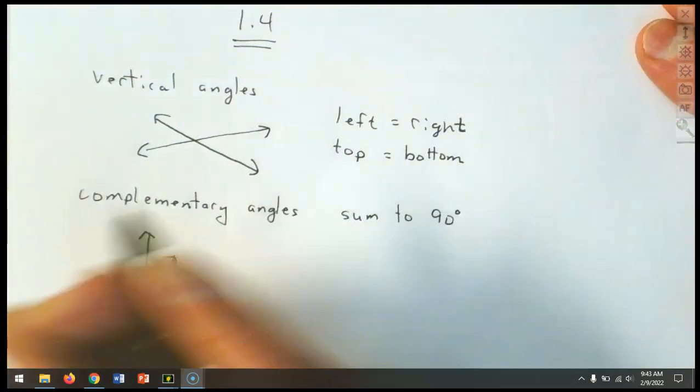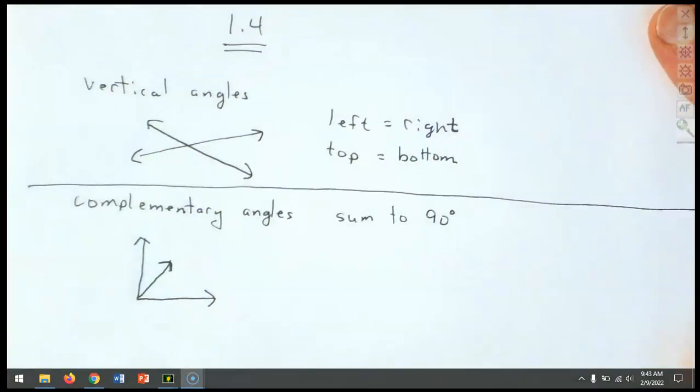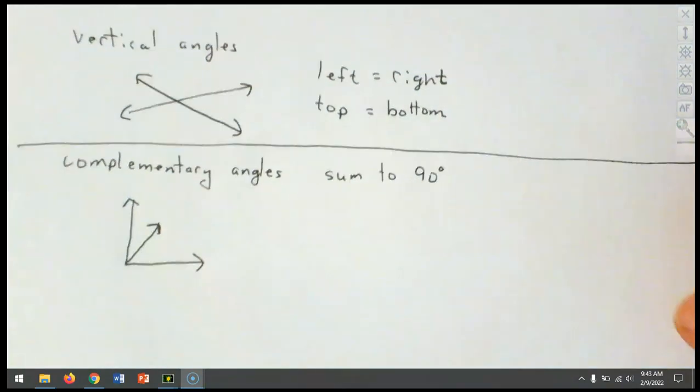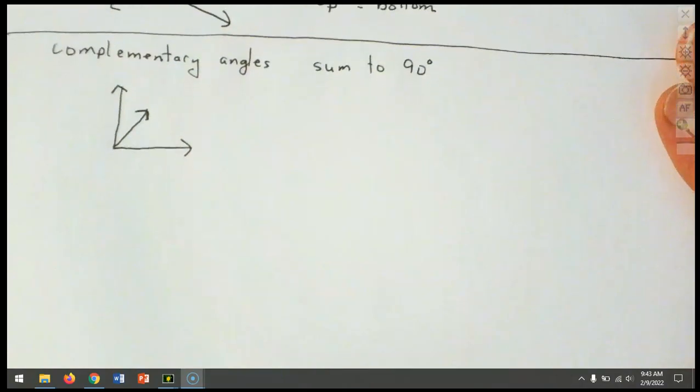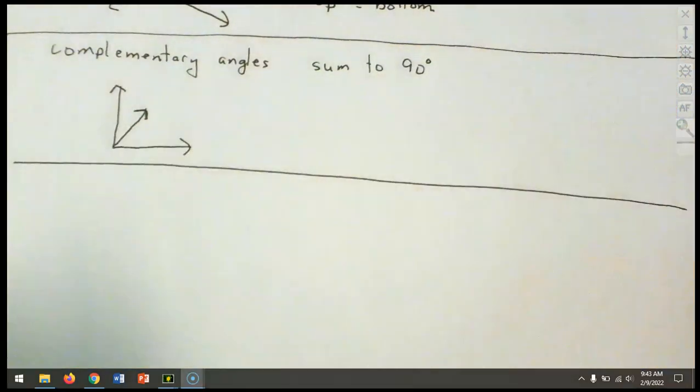Okay, so they sum to 90 degrees. So you've got the vertical angles that make an X. You've got the complementary angles that sum to 90. And then finally you have the supplementary angles that add up to be 180, and they make a straight line.